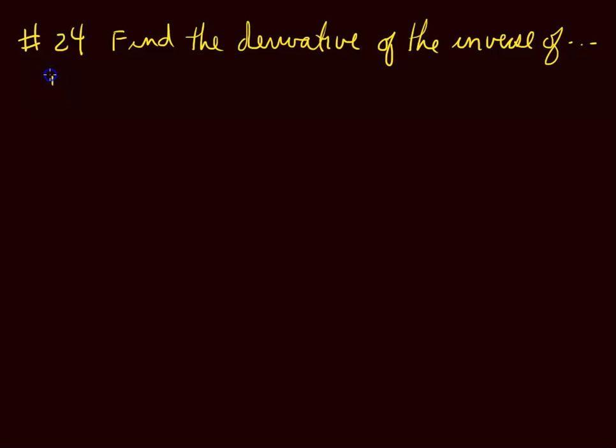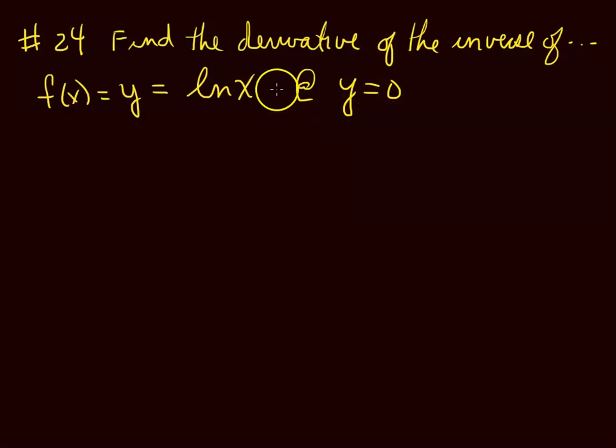It's going to be the function f of x, which is the same as y, which we're going to look at as ln x. And for this, we want to do it at a certain point when y equals 0. And you're going to say, well, what about x? What do we want to put in for x? Well, that's the whole point of this thing.